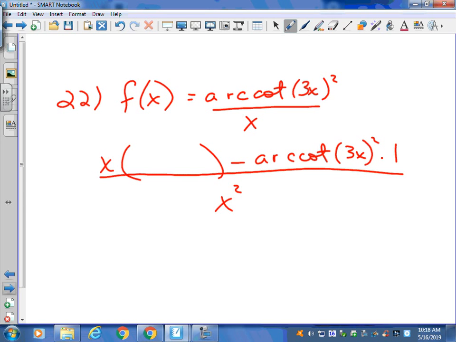Now I could square that. I don't know why they didn't, but I could. Won't simplify that much over there if I do, but it could be squared. Now, I don't have my derivative sheet up here. Let's see if there's one missing. Nope. Can you tell me? Yeah, negative du over 1 plus u squared. Negative du over 1 plus u squared.